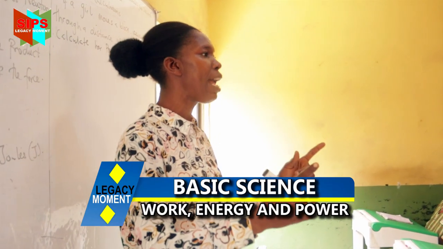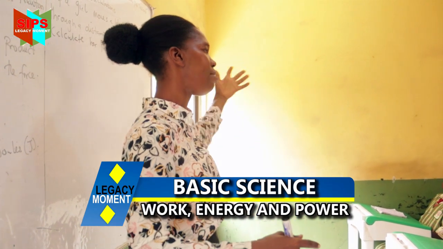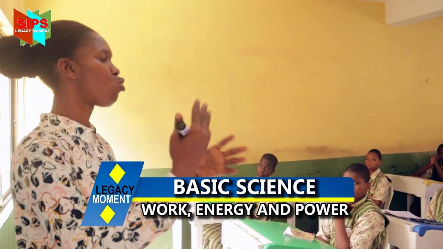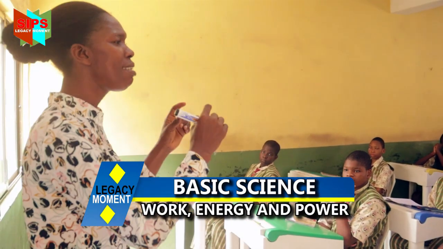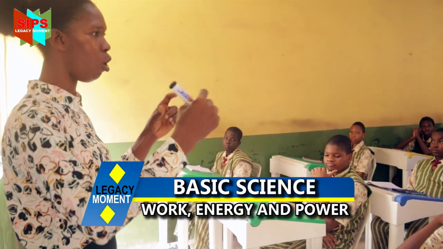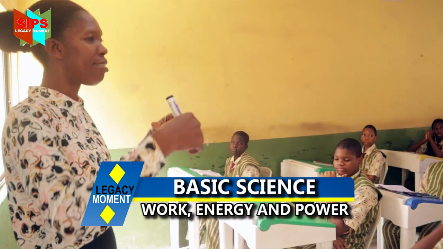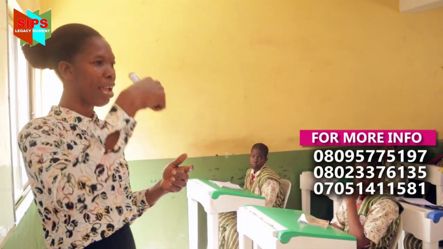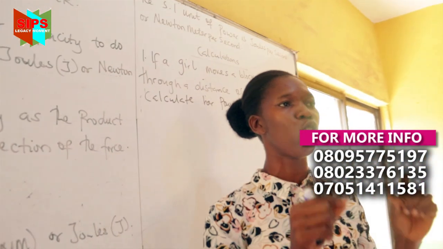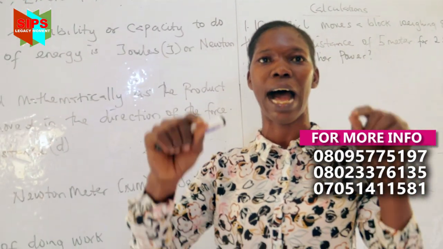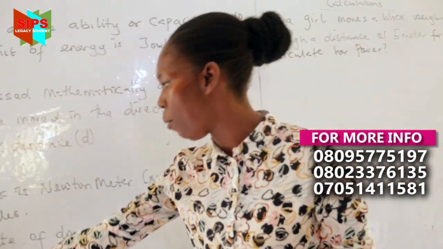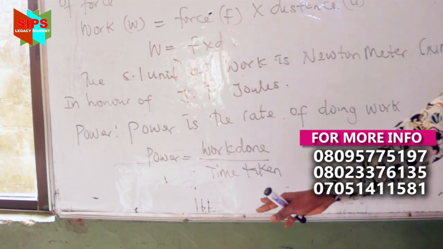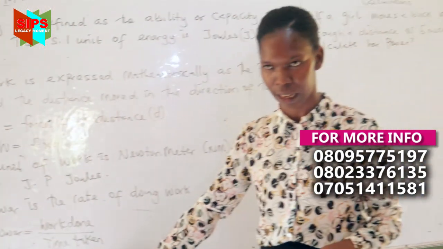If I'm to compare the time it takes you to take that bucket of water from the backyard to the kitchen with, let's say, 2 other individuals, the person that is able to do it fastest or more quickly is said to have more power. So power has to do with the rate, the time it takes for you to perform that particular task. So power mathematically is represented as work done over time taken.